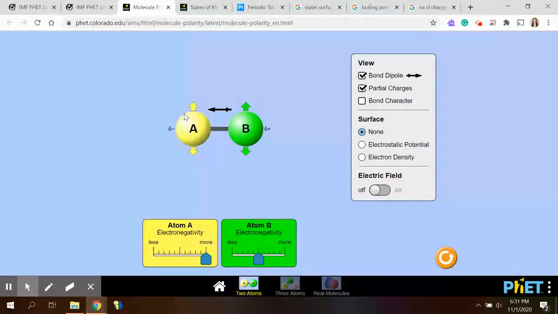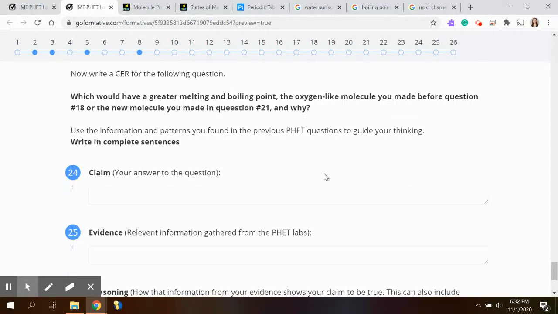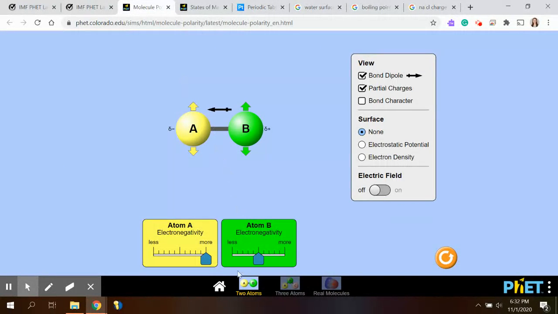So in this particular one, if this molecule found one just like it, and one side was more positive and one side was more negative, do you think those molecules would want to be together, or do you think they would want to be apart? All right. So in terms of greater melting and boiling point, the oxygen-like one that you made, that is this guy with no partial charges.